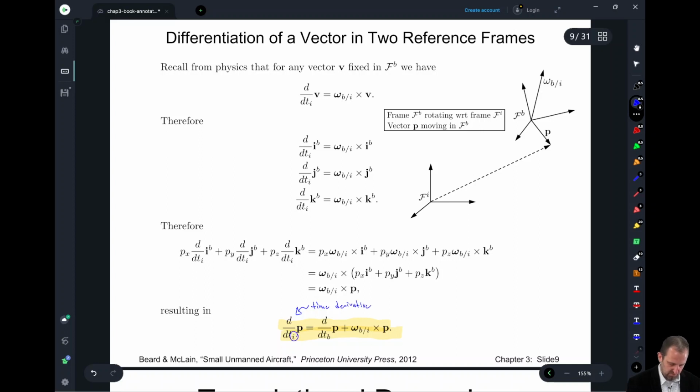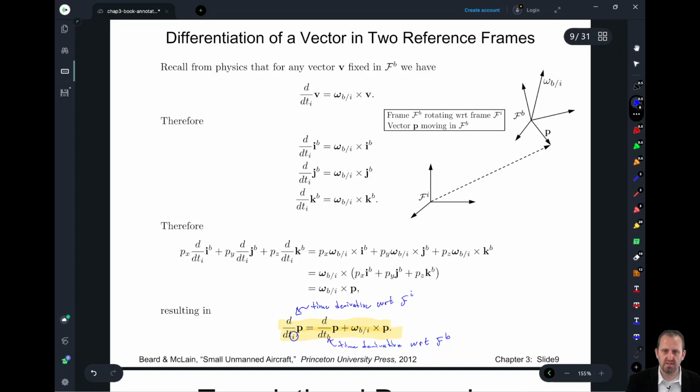This superscript I is with respect to the inertial frame, the I frame. And this term right here is the time derivative with respect to the body frame.